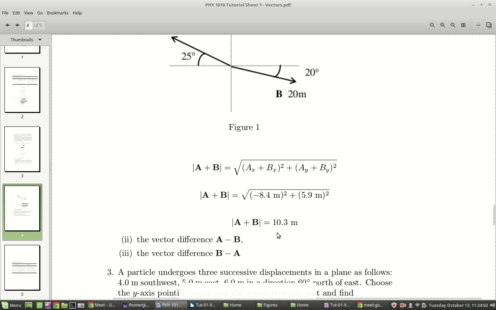So that's how I get the size. The size is 10.3 meters. So we have the size of vector A plus B. The next thing left is for us to find the angle.